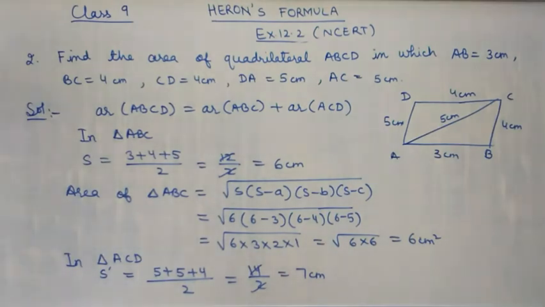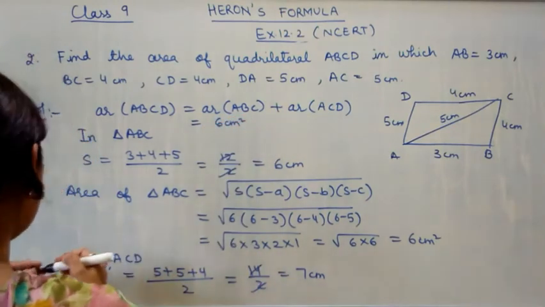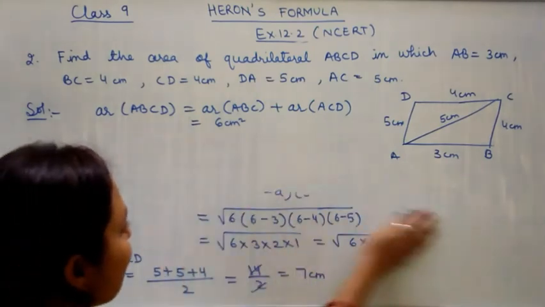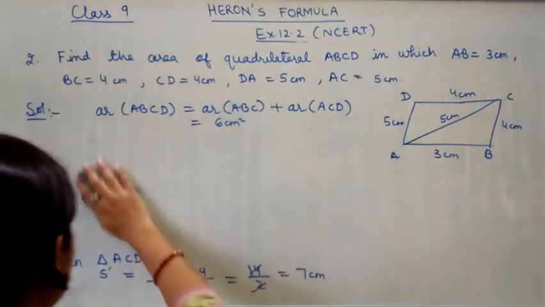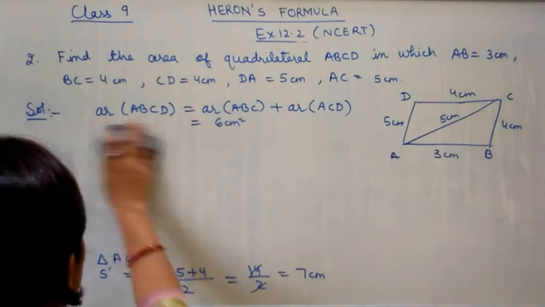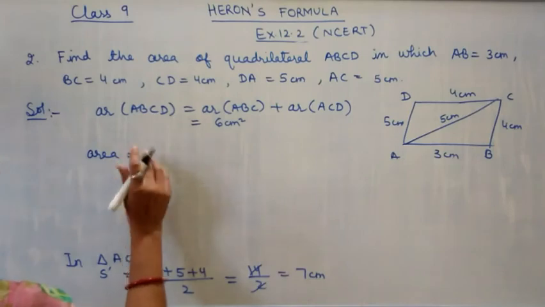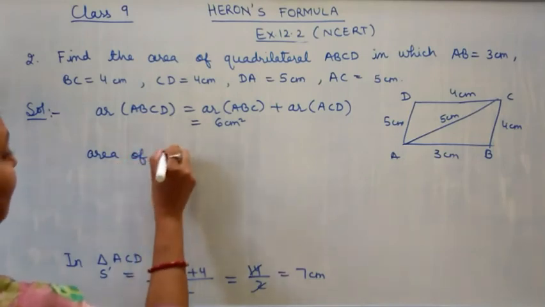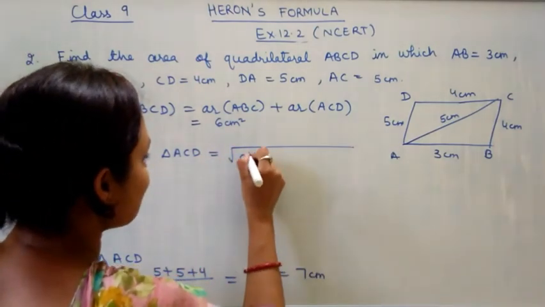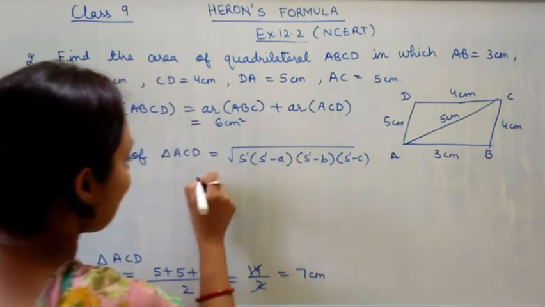Now for finding the area of triangle ACD, the area is equal to under root of S dash, S dash minus A, S dash minus B and S dash minus C. And what is S dash?